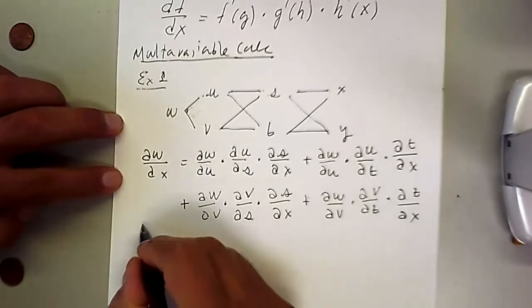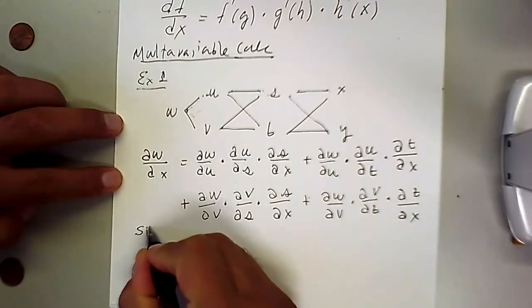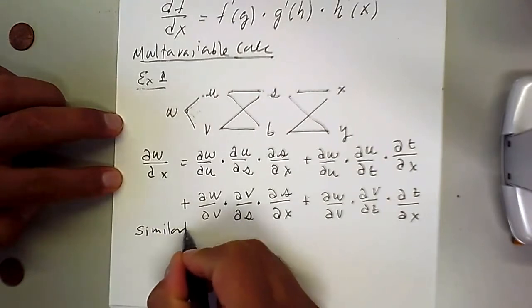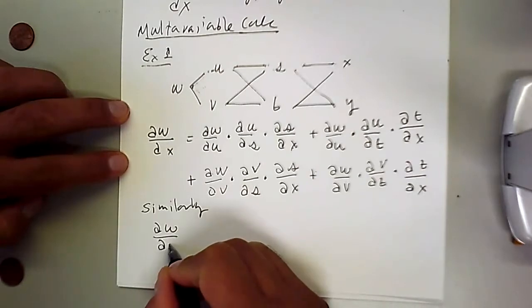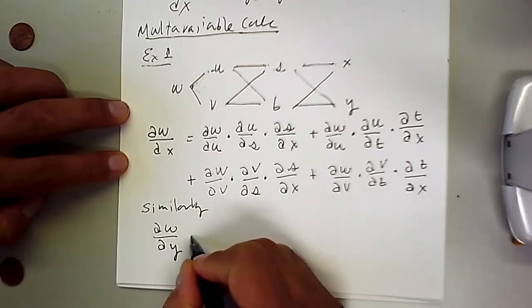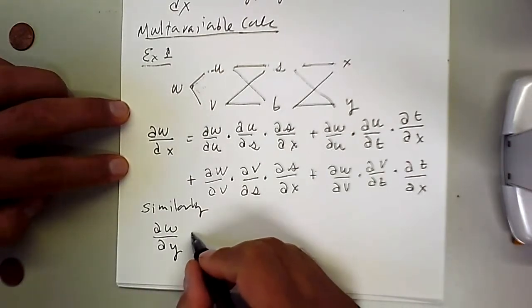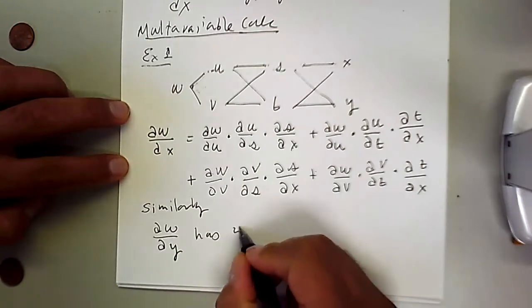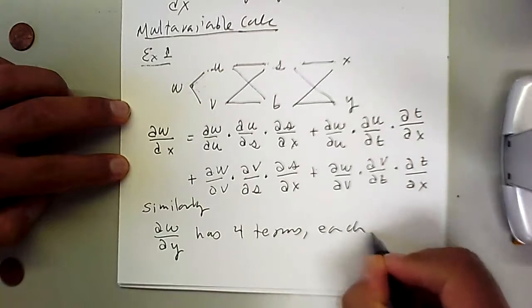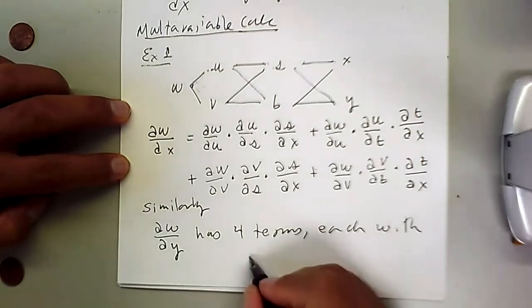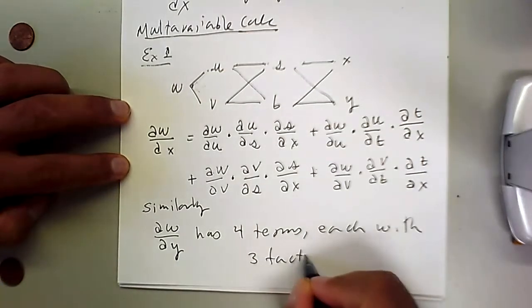We have, similarly, the partial of W with respect to Y has 4 terms, each with 3 factors.